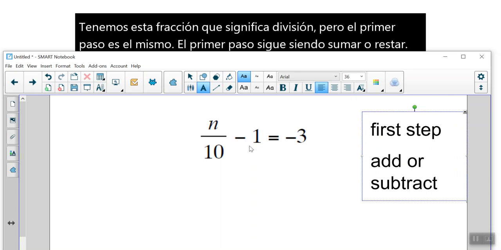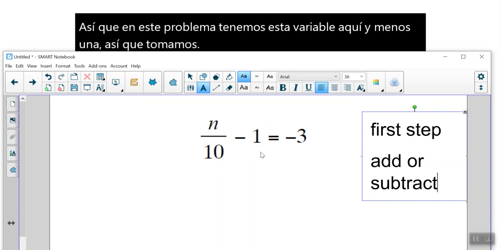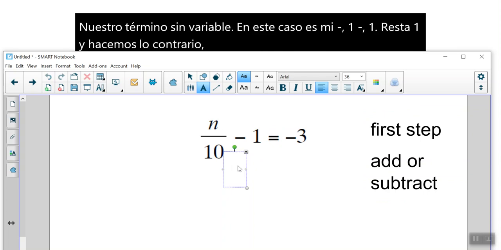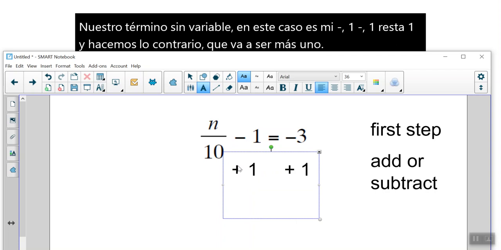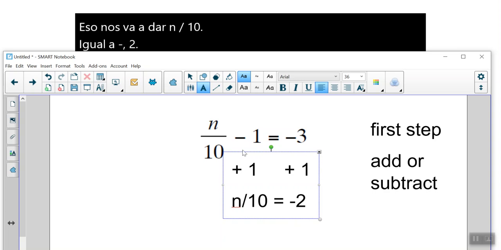So in this problem, we have this variable here and minus 1. So we take our term without a variable, in this case negative 1, and we do the opposite, which is going to be plus 1 from both sides. That's going to give us n over 10 equals negative 2.